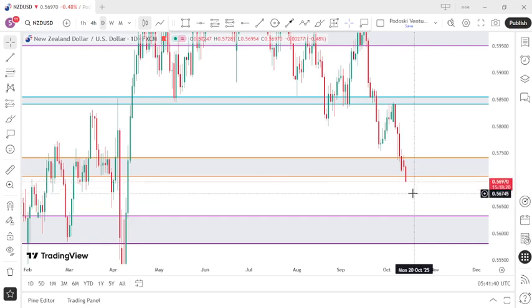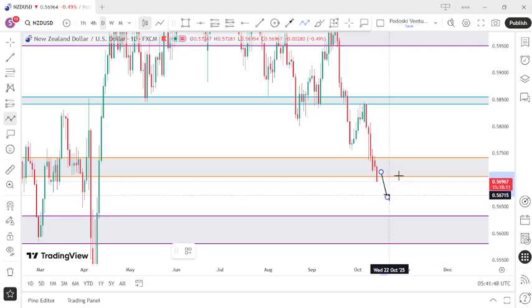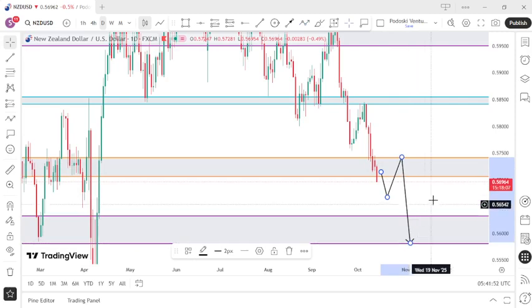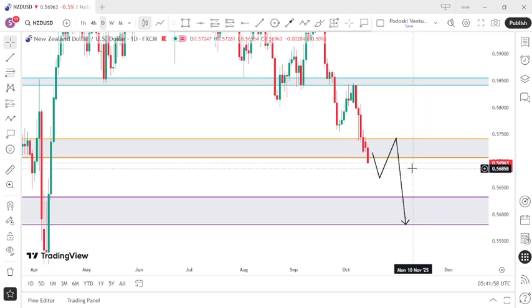The drop is happening, so we should be waiting for another retest on NZDUSD like this before we can sell on NZDUSD. So on NZDUSD, we are not going to be picking an entry, but rather we are going to be waiting for the formation of something like this before we sell.